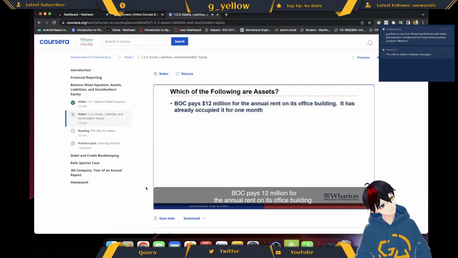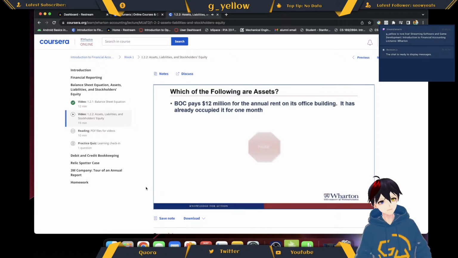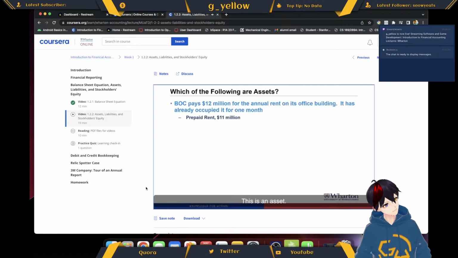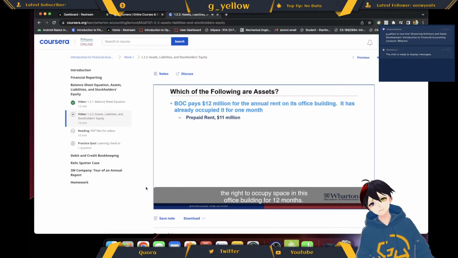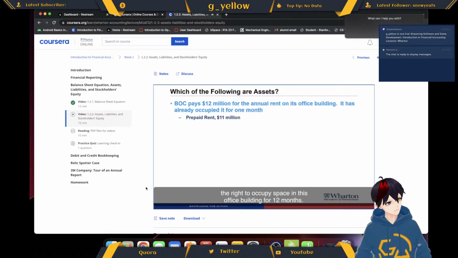BOC pays $12 million for the annual rent on its office building. It has already occupied it for 1 month. 11 million worth of rent. This is an asset. We're going to call it prepaid rent. It meets the first criteria because in a market transaction, we paid for the right to occupy space in this office building.